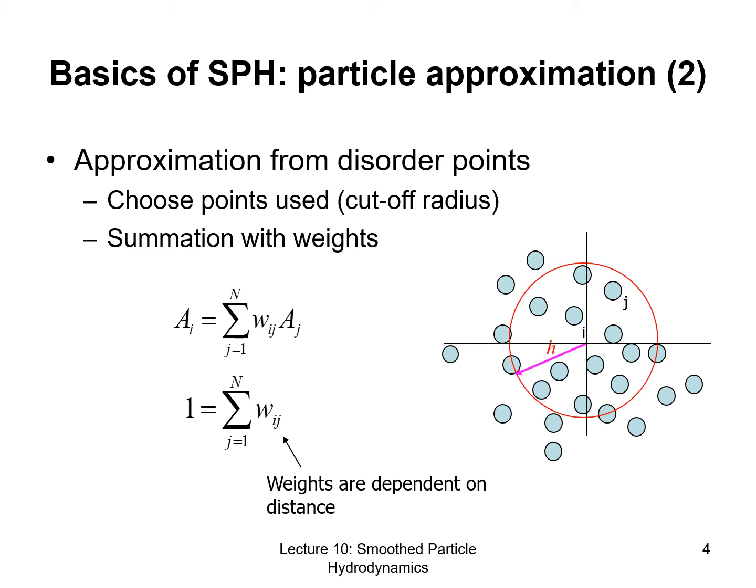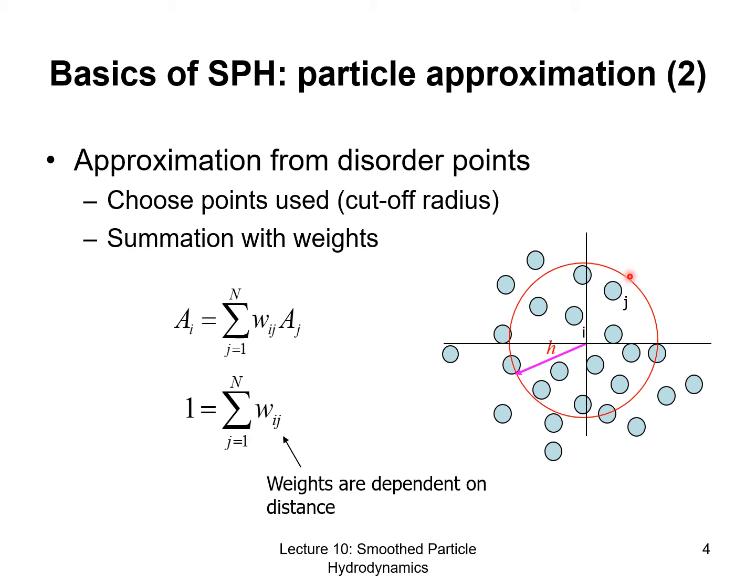So how can we approximate if we don't have a mesh and we only have disordered particles? Actually, we do it in a very similar way as before. First, we choose neighboring particles for approximation. For example, if we want to approximate some value at this position, we only look around this position and find some candidates.